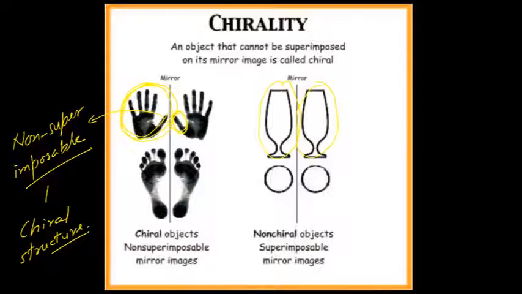The same confusion is here also. The superimposable or identical objects and their mirror images, when I'm saying identical, it means I'm talking about the object and its mirror image. When these are identical, then these are non-chiral.